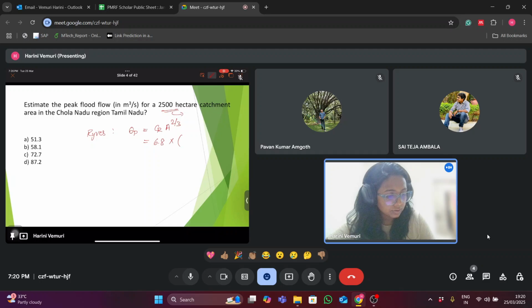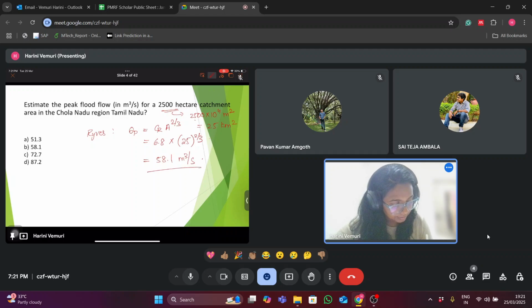Okay, so 2500 into 10 power 4 will be meter square. If you divide it by 10 power 6, then you will get values in kilometers. So it will be 25 kilometers square. Okay, 25 whole power 2 by 3. So once you calculate this using a calculator, the value will be 58.1 meter cube per second. So that's the answer B.